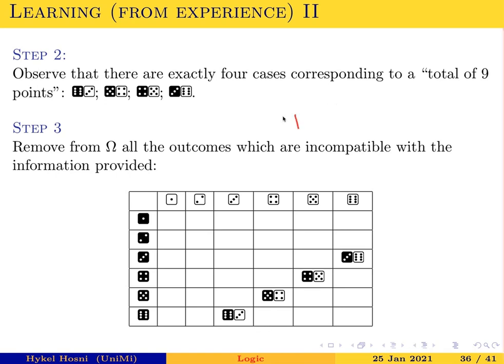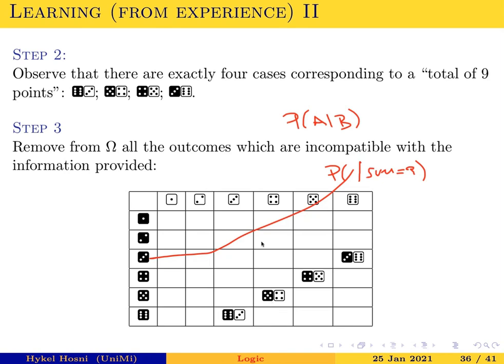Your question is, what is the probability of A given B? Namely, what is the probability of black 3, given that the sum is 9? Well, you have just 4 cases in which the sum is 9.